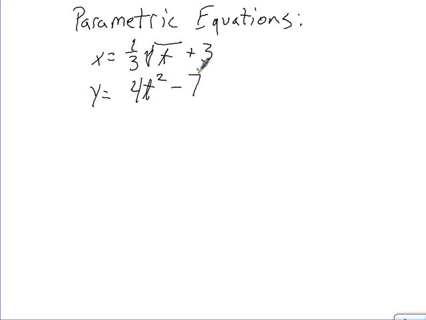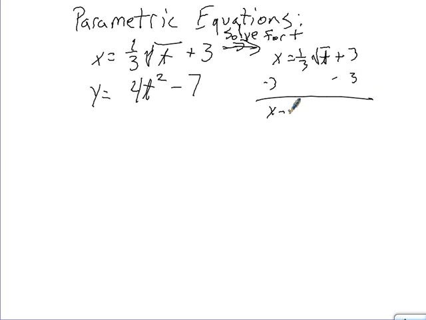The simplest thing to do is look at your x equals parametric equation, and we're going to solve for t. So x equals 1/3 square root t plus 3. Have to subtract 3 from both sides.